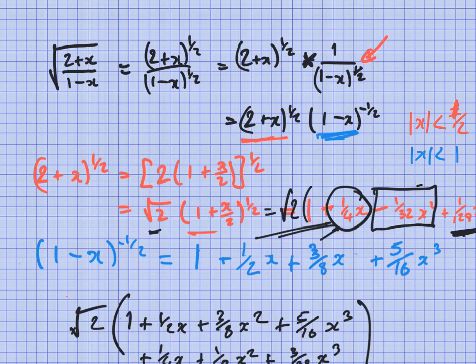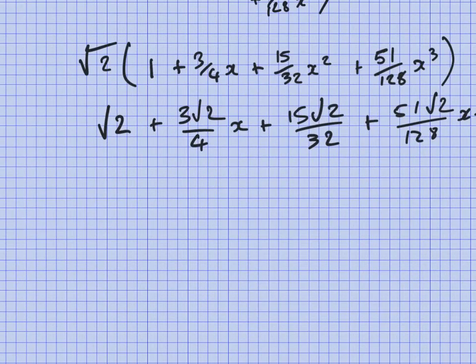So clearly the smaller one is more important, as both have to be valid for this to be true, so only the red one will affect it. So we can finish by stating that this is valid if mod of x is less than a half. Thank you.